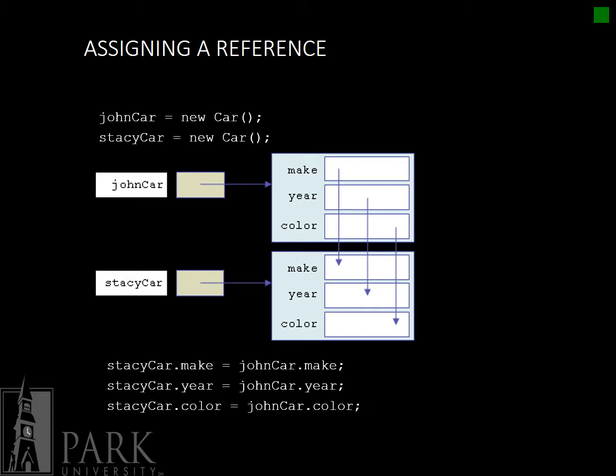So you can see here we create two separate car objects, John car and Stacy car, and then we copy element-wise each of the attributes. So we copy make down, and then we copy year down, and then we copy color down, okay? And it sounds like, well, hey, that's a lot of code to make a copy. And we'll say, yeah, it is. And so there's smarter and better ways to do that. And we're going to take a look at that.